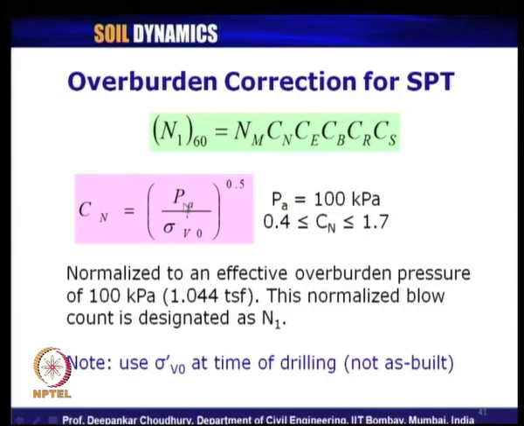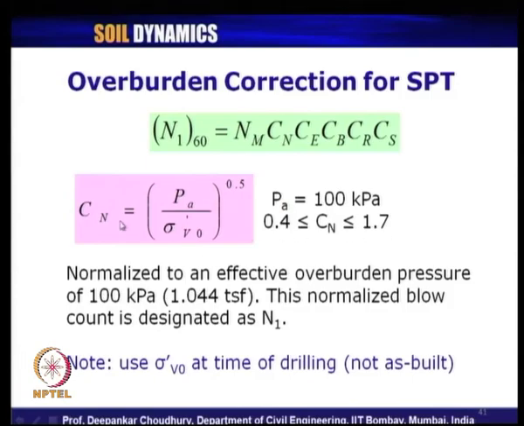Here also the same thing has been done. Sigma V naught dash is nothing but the effective vertical stress at the point where you are computing the SPT N value, at that particular depth. And the corrected value of Cn should be within 0.4 to 1.7.